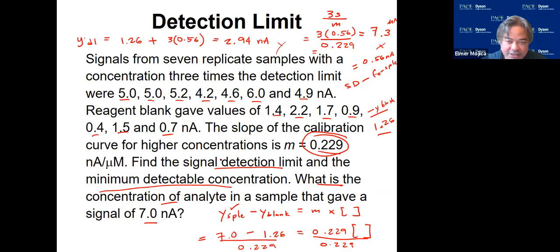So if you have a signal like this one, that corresponds to how many micromolar? 7 minus 1.26 divided by 0.229. Anyone?